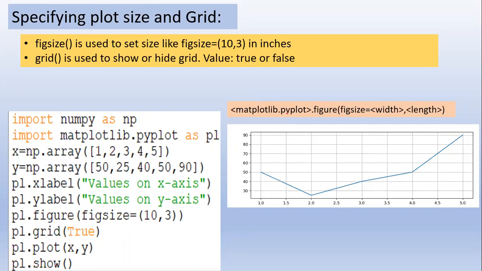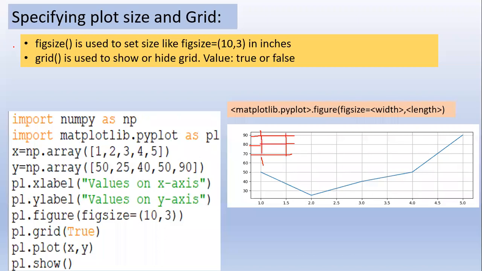Grid is, see here, a combination of rows and columns, or we can say a mesh which is created by horizontal and vertical lines. This is called a grid.